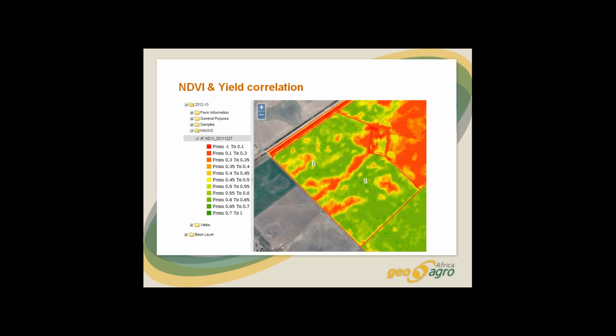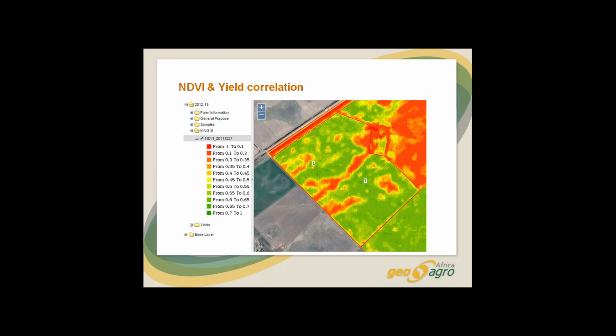GeoAgro Africa, as you know, supports farmers in being more effective in managing their crops, lowering the risk, improving yields. So we process different types of data. We process a lot of imagery data, and we process a lot of ag equipment from applicators or from yield monitors.